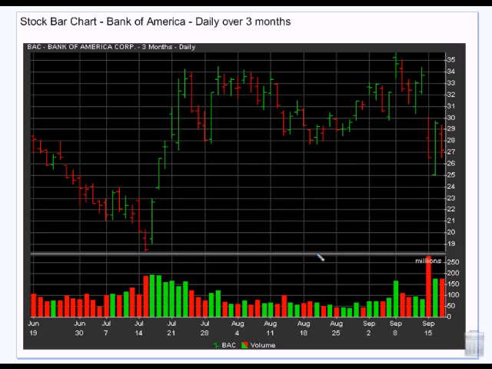So that's how you would read this actual chart. On the same day, September 17th, the open was probably around 28.50. The close was like 27.10 or so.